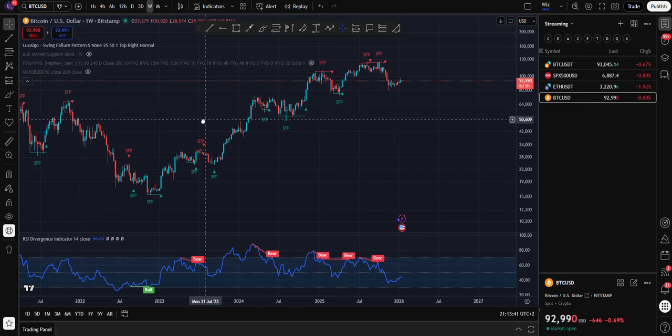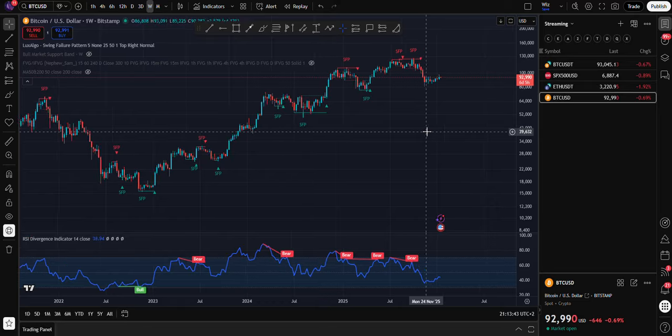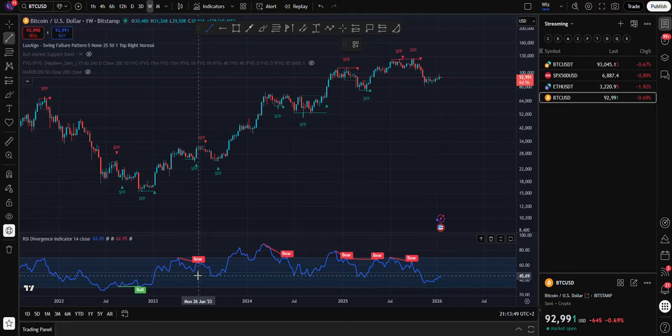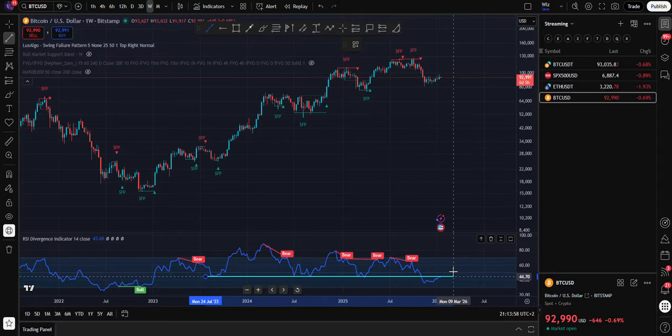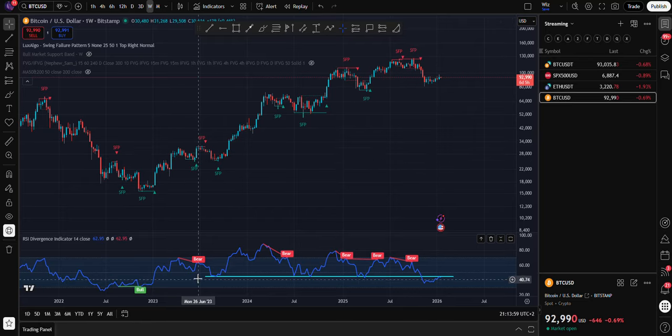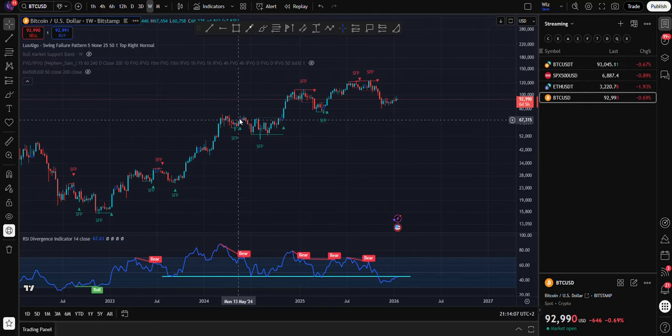And let's move on with the third one, which is the weekly RSI. This level has been acting as support for this whole run up, which is the 45 level of the weekly RSI. As you can see here, the 45 level acted as support. We move upwards.